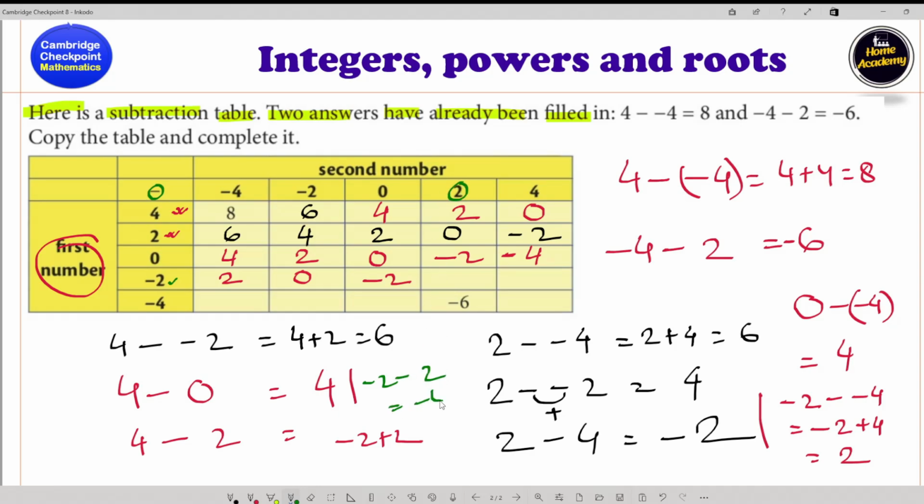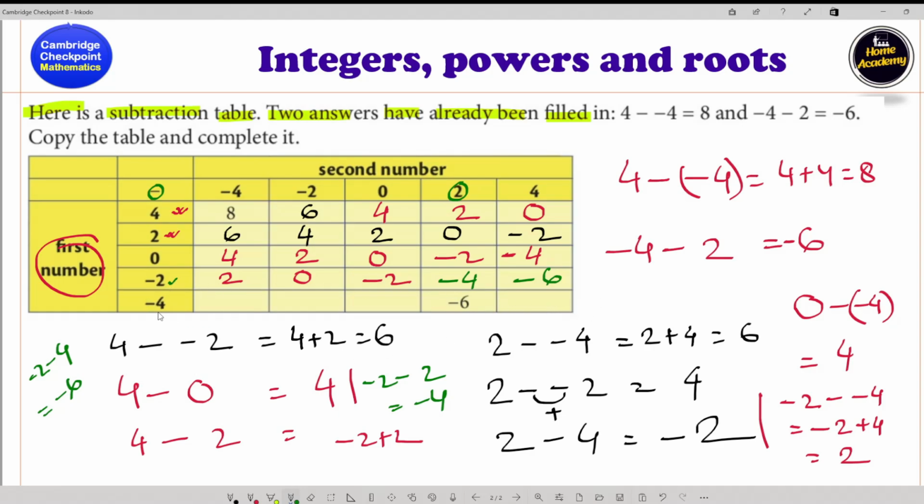So this one is minus 4. Same, minus 2, then minus, then plus, so it will be what? Minus 2 and minus 4 is minus 6. Here is minus 6. Okay, so our 1 2 3 4 row has been done.